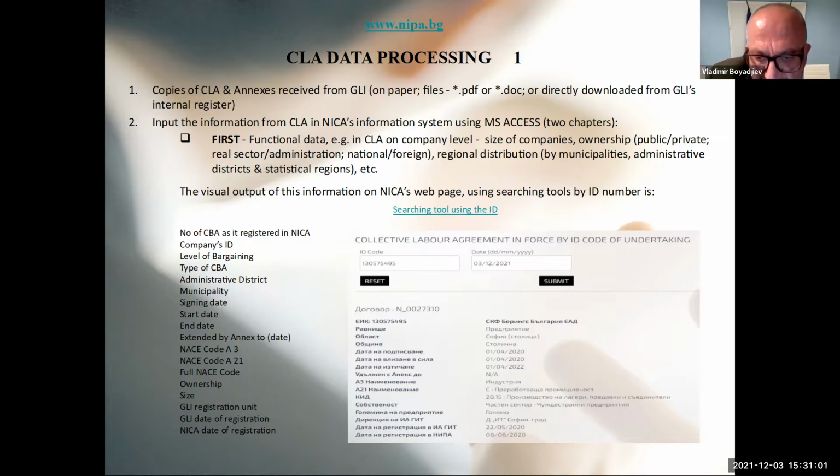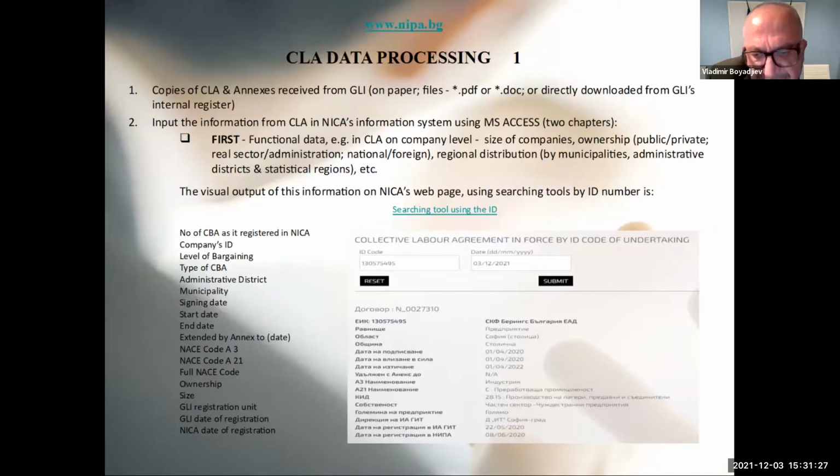Unfortunately, for now this part is only in Bulgarian because we use the information from the information system, but maybe next year we will change that and can provide an English version of this part, the right side.